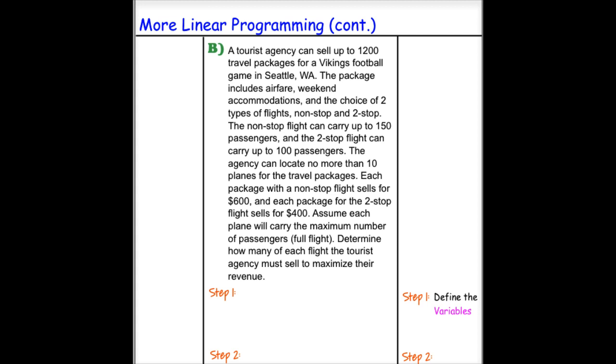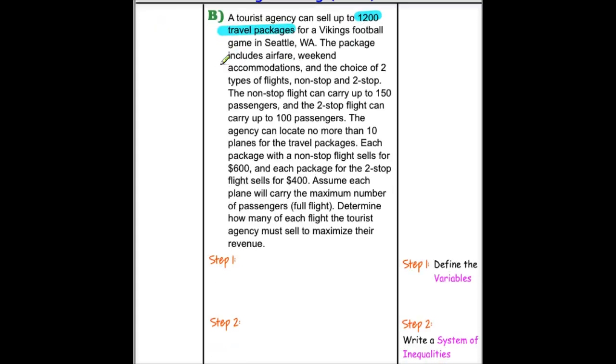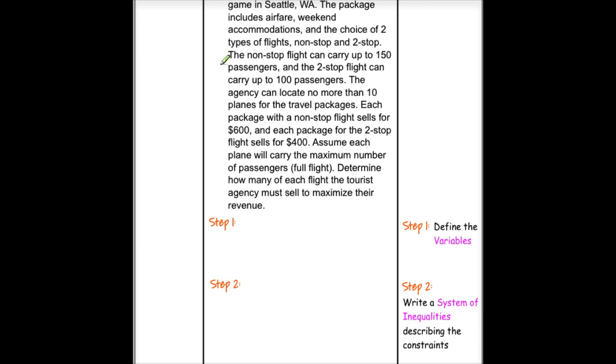So if we start with step 1, we need to define our variables. When I look into this problem, I see that we've got some valuable information, so let's go ahead and highlight that. We've got 1,200 travel packages total. Then we have a bunch of information that's not really all that important.